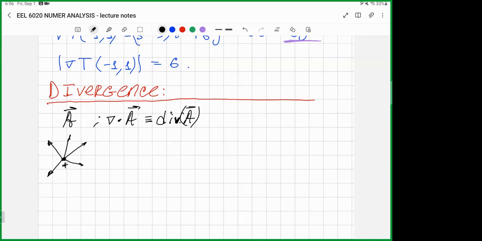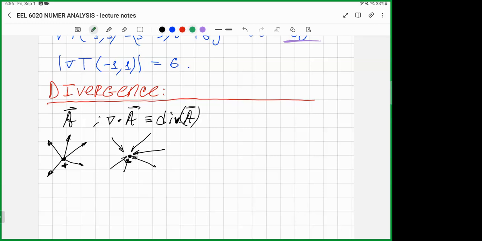So we call this a source, and this is a positive source, which means these lines of the vector field go out from this source. And of course these lines can converge to a point, and in this case it is a sink, but we call this a negative source.